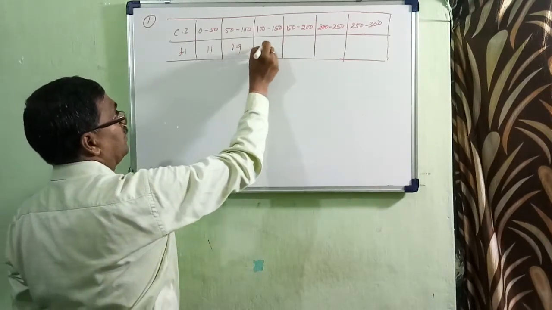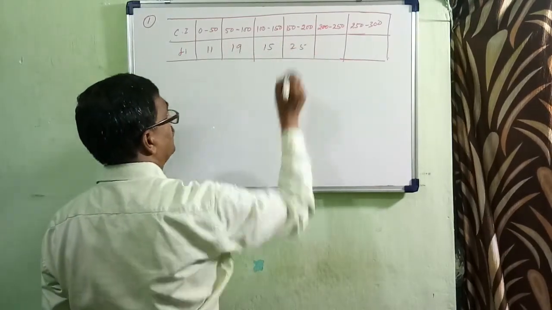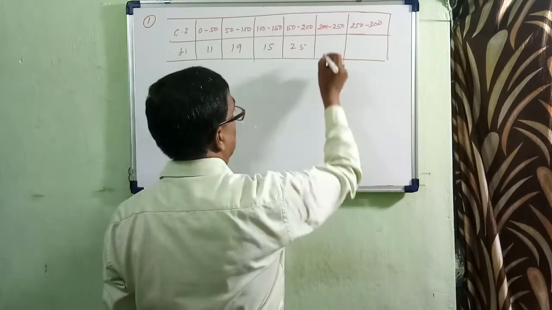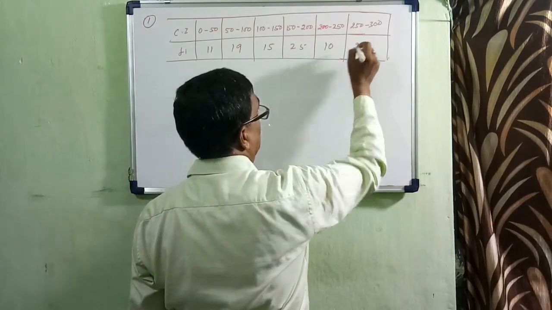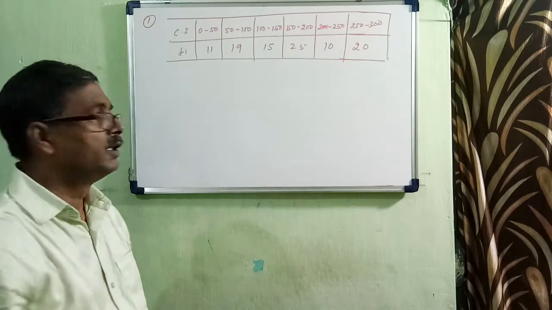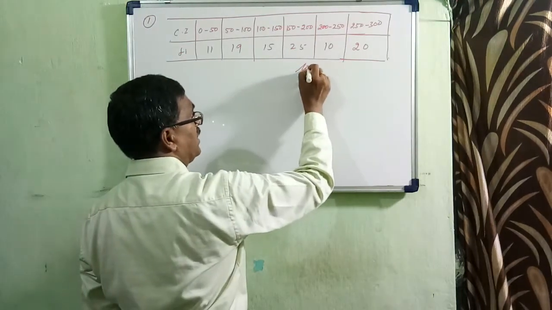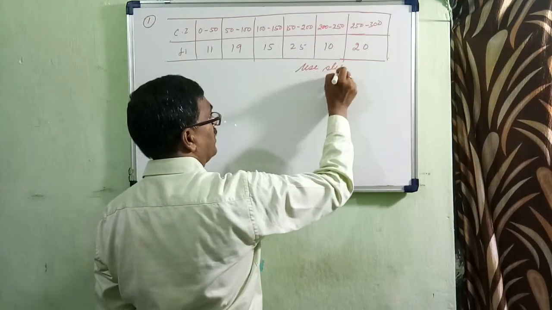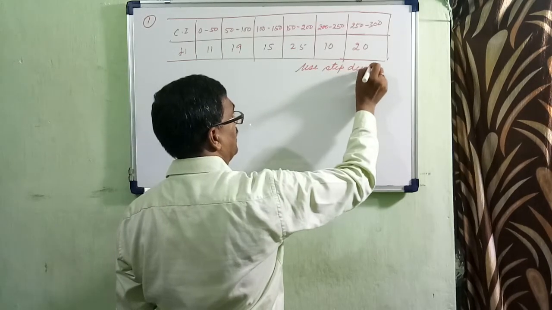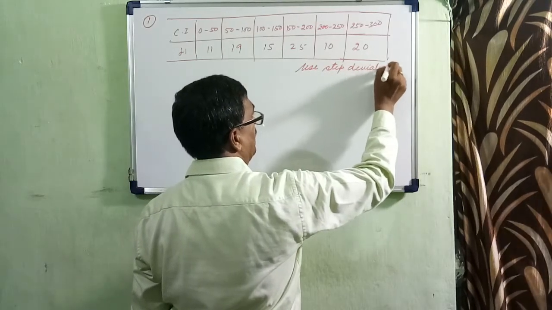Frequencies: 11, 19, 15, 25, 10, 20. Use, I'm just indicating, use the step deviation method.